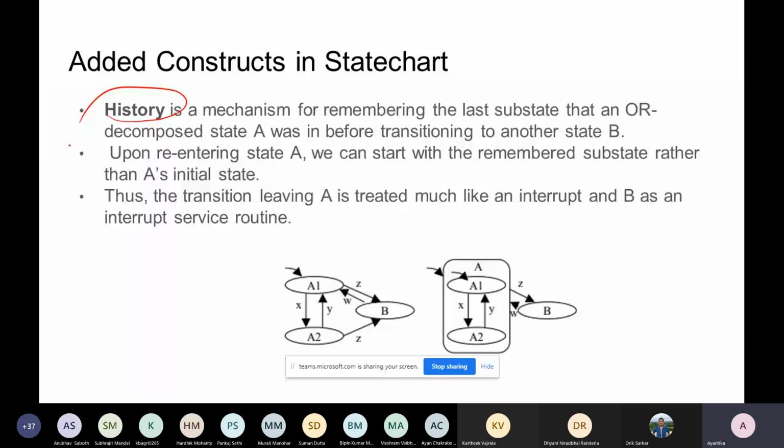See, when we are thinking about decomposing some state through this hierarchy concept, if you remember, yesterday we discussed the elevator example where we showed the normal mode and the fire mode. That means from the normal mode, when the fire input is on, you come to the fire mode. Now, when the fire mode is over, that means your fire signal is off, there is no fire, your elevator will go back to the initial state, normal mode.